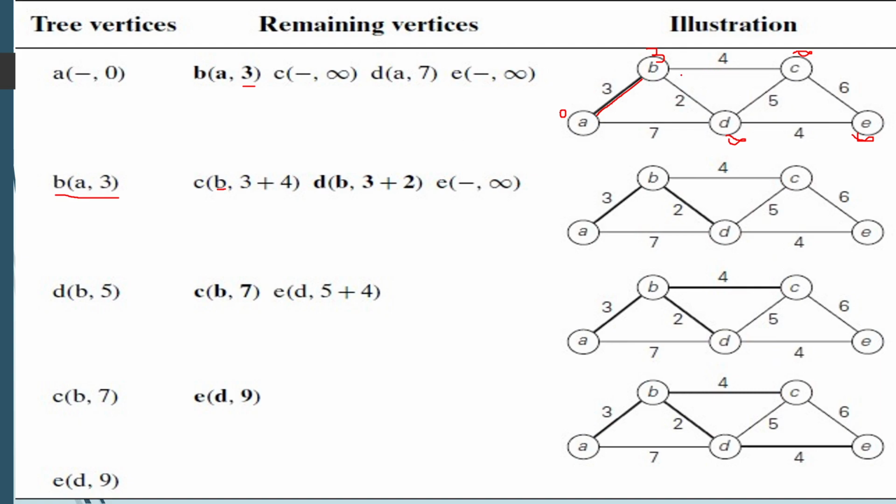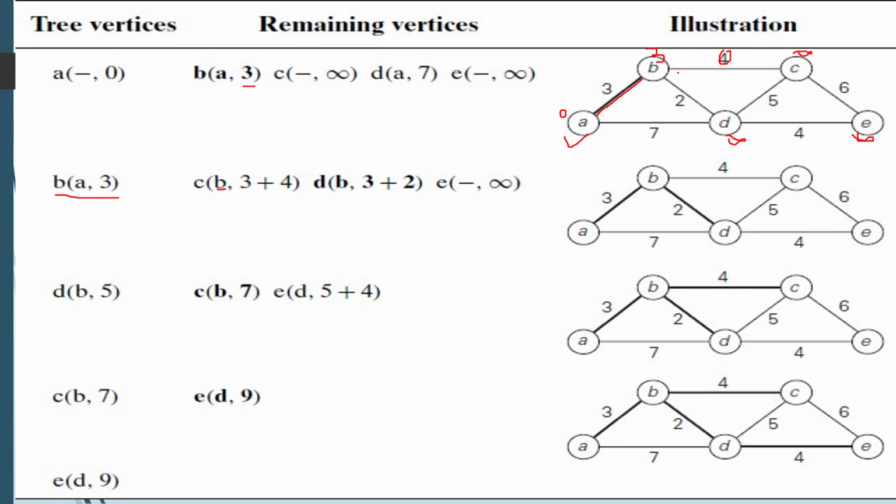And now distance is what now? Earlier in Prim's algorithm you were writing only 4 here, but here you have to find the shortest path from the source. Which one is your source now? A is your source. So yes, it is adjacent to B. With the help of B, you can get the path from A to C. Now it is possible to move from A to C with the help of B here.